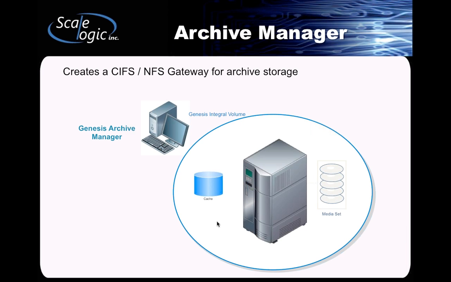Then we're going to put in our archive manager and start to write our policies on how we want data to move. Our cache is going to look to our client stations as the F drive or the archive drive or whatever it is. And we're then going to start to move data. Now that's a manual move of data, goes into the cache, puts to archive, boom, we're done.